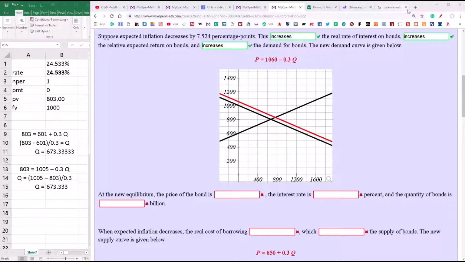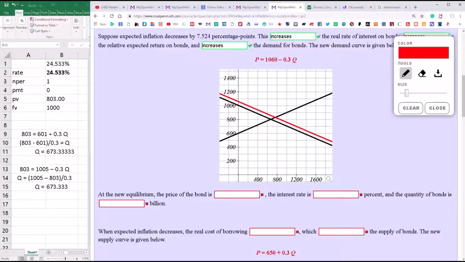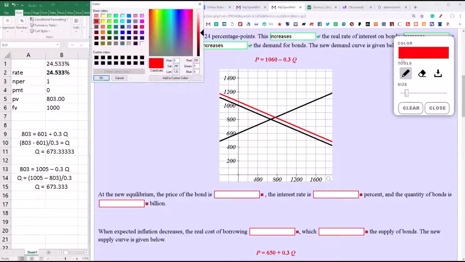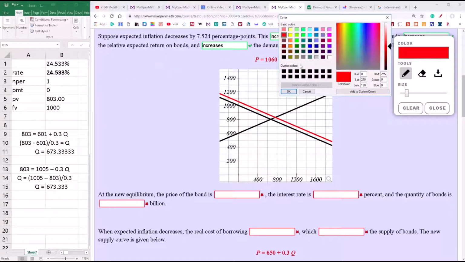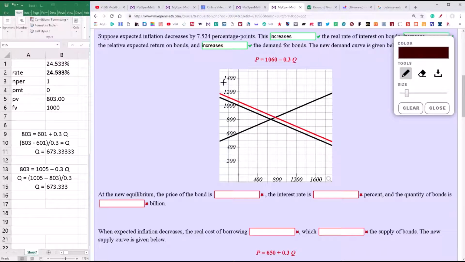And let's go ahead and label this diagram. Change it to black. Let's see if I can move that over here to make it easier. Okay, so the price, the quantity, supply of bonds at time today, the demand for bonds today.